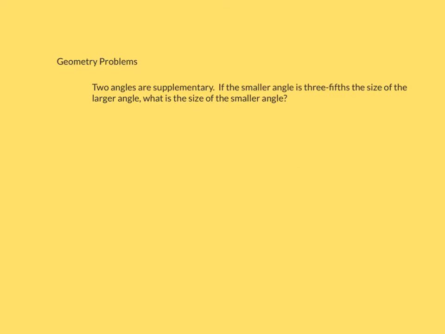Okay, example for today. 2 angles are supplementary if the smaller angle is 3/5 the size of the larger angle. What is the size of the smaller angle? What I know is that the smaller angle, which I will say is S, equals 3/5 of the larger angle.